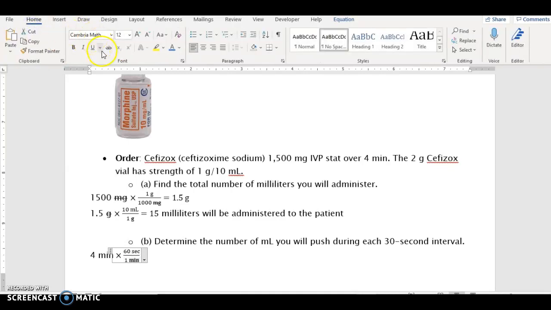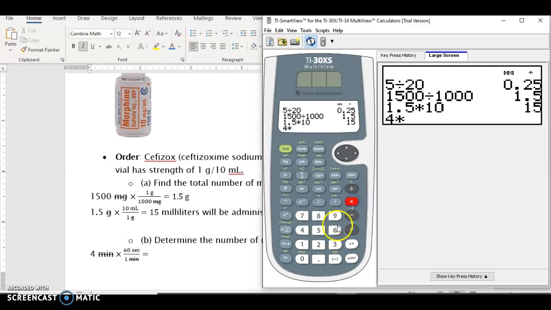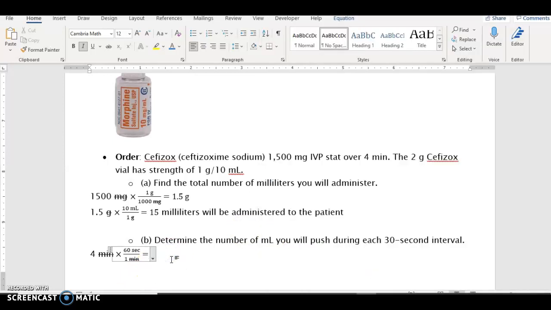So we're going to take 4 multiplied by 60. 4 times 60 is equal to 240. So that's 240 seconds.